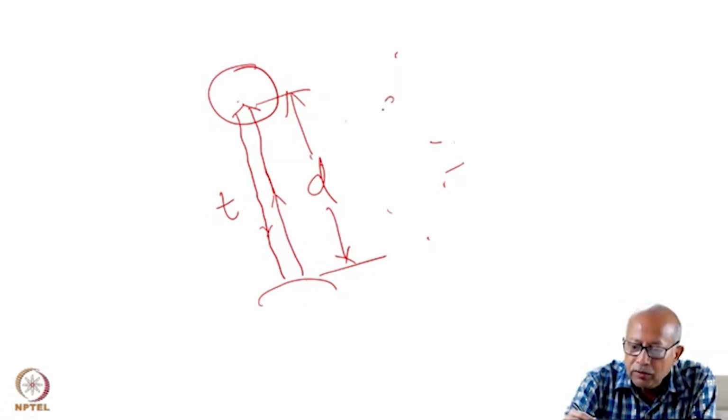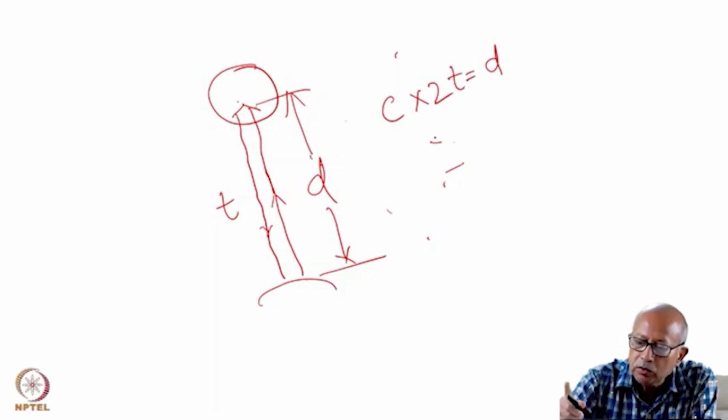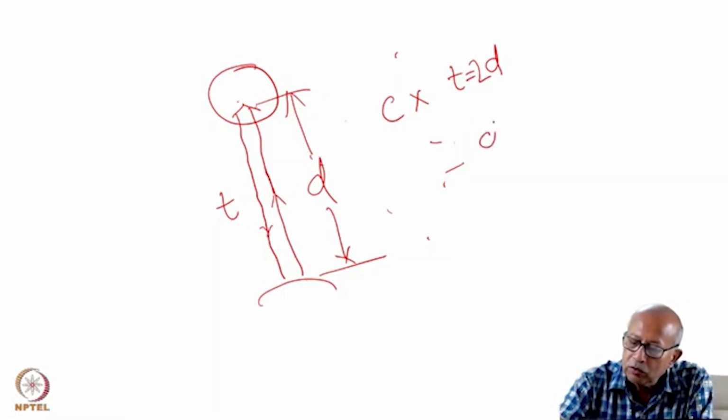Therefore, light's velocity c times t equals 2d. In this time, light has traveled 2d distance. So d would be simply equal to ct by 2.